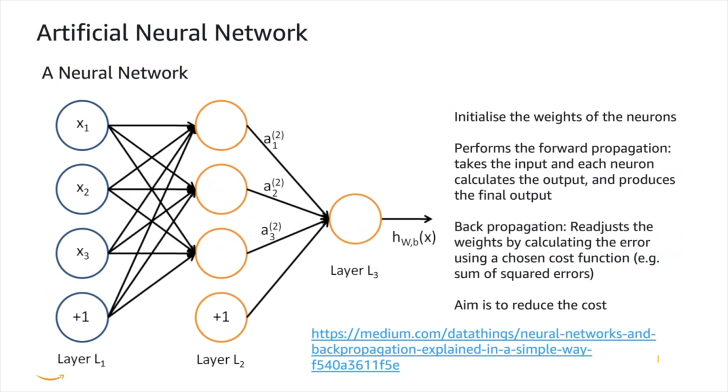Because sometimes you may set hyperparameters in these networks, and we're going to talk about what that word means in a minute, incorrectly, so the network can never train. Because ultimately what we're trying to do is bring the error between our predictions and the actual values together, so that we have no error. Obviously, it's a little bit more tricky than that, but we need to keep that in consideration.